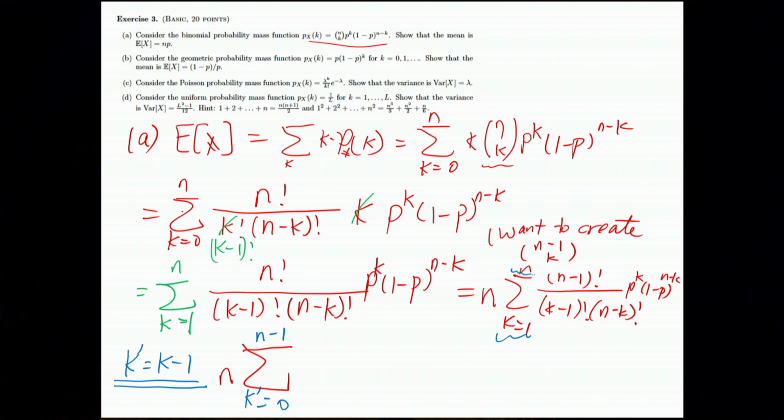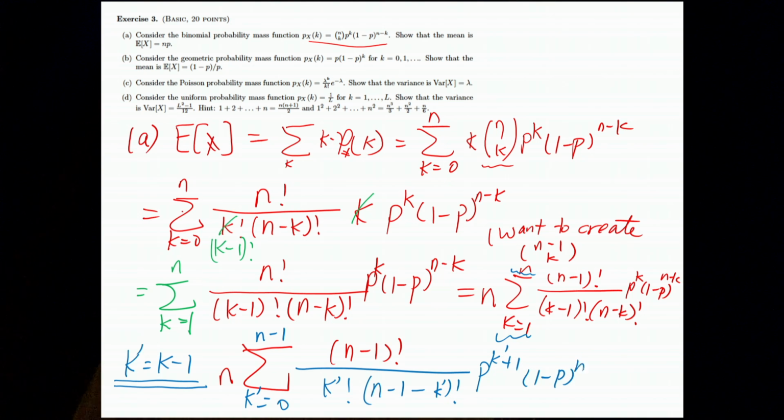You see here, we change to k prime equals 0 to n minus 1. Also, I still have n minus 1 factorial. Then here, k minus 1 factorial becomes k prime factorial. Also, n minus k factorial becomes n minus 1 minus k prime factorial. And also p to the k prime plus 1 and 1 minus p to the n minus k prime minus 1.